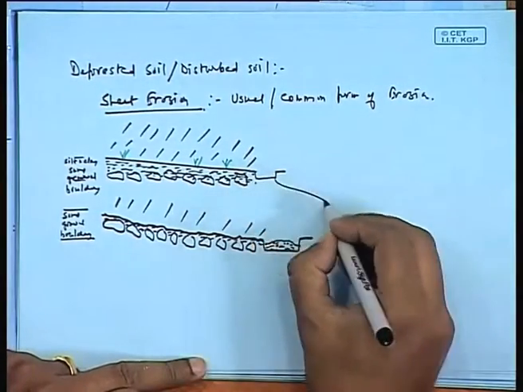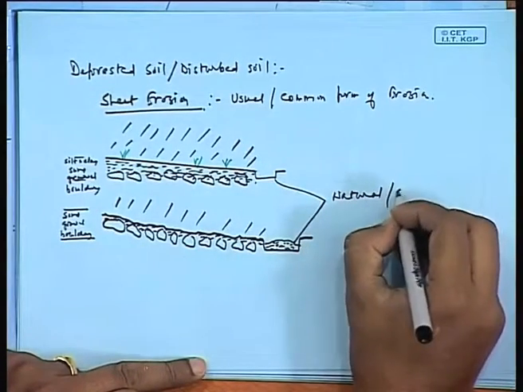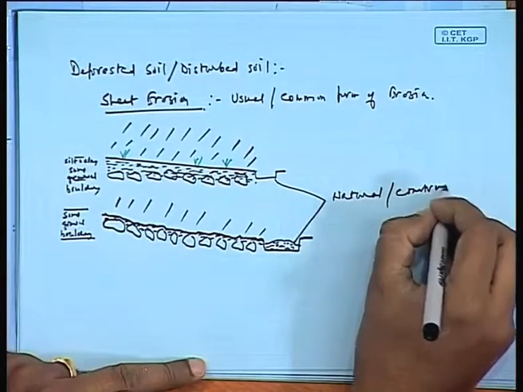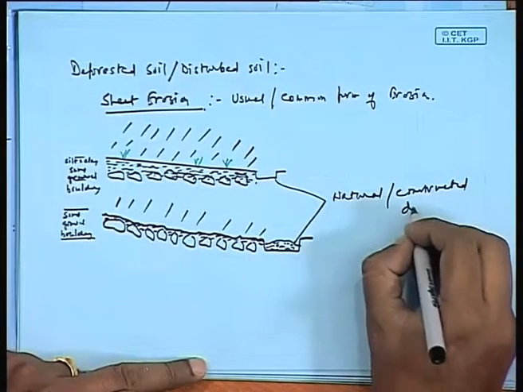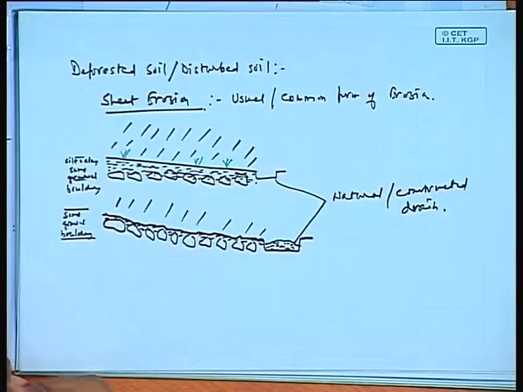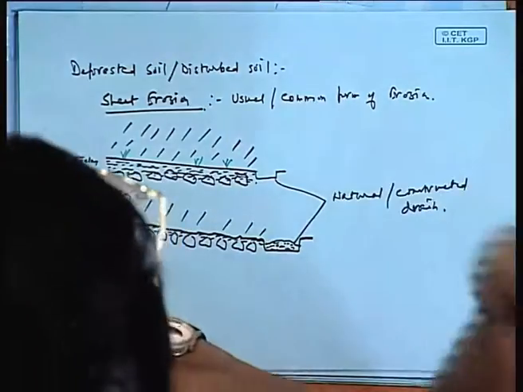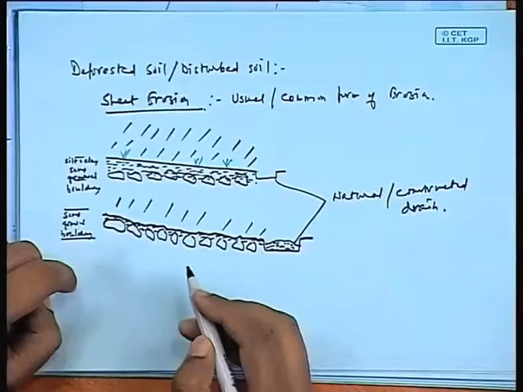This is what is known as sheet erosion. It happens across the area, and the total area would be affected.